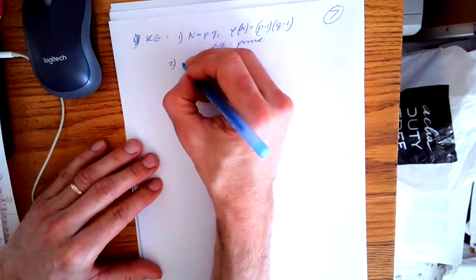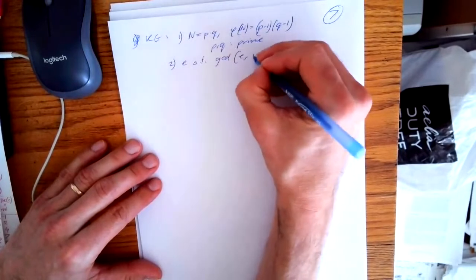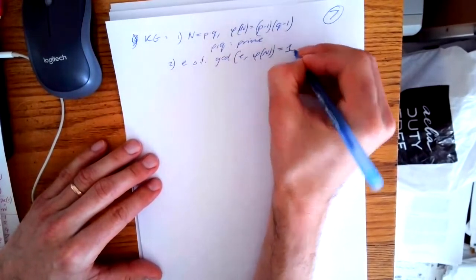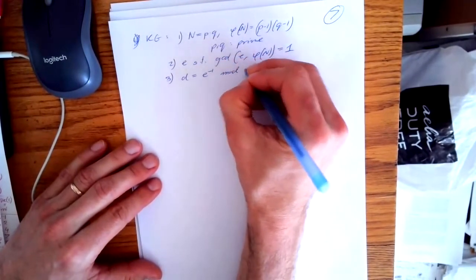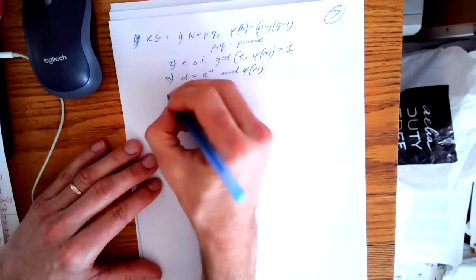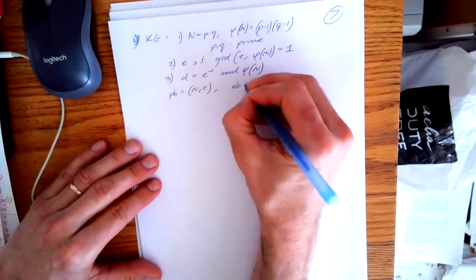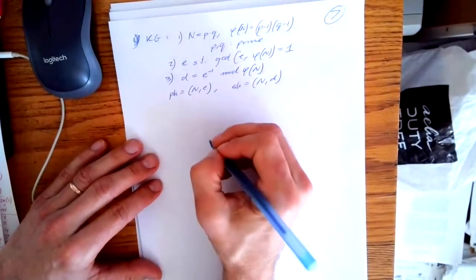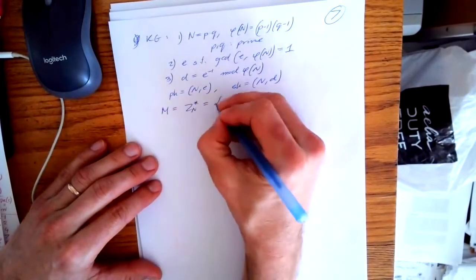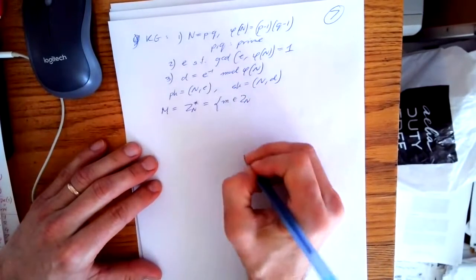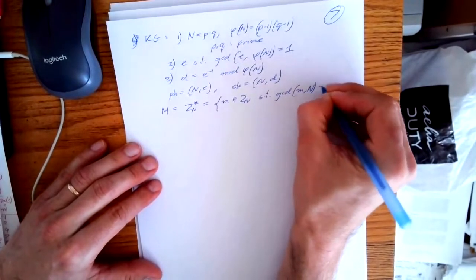Then e was such that it was coprime with phi of n, and d was a multiplicative inverse of e mod phi of n. The public key is defined as (n, e). The secret key is defined as (n, d), and the message space is Z_n star, which is all the messages which are residues mod n such that they are coprime with the modulus.